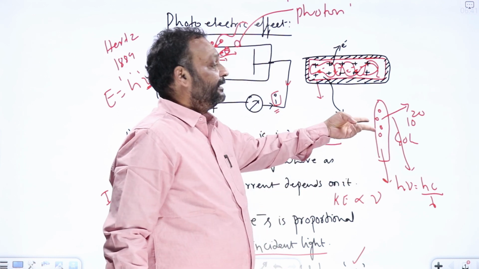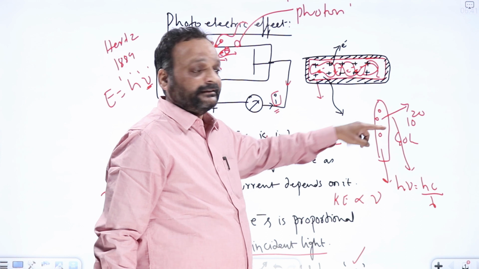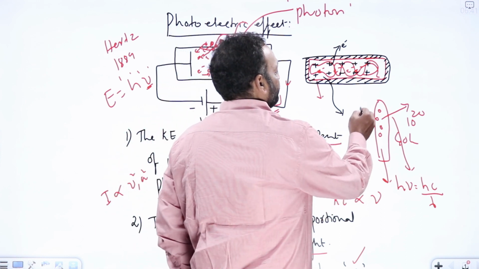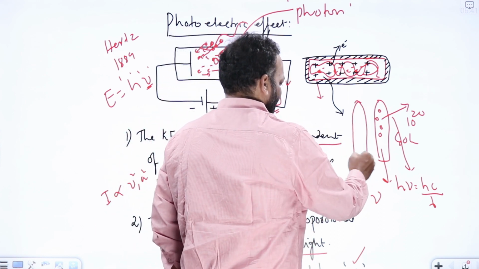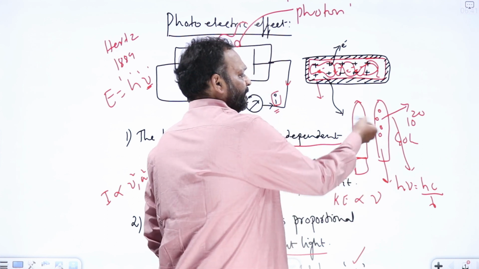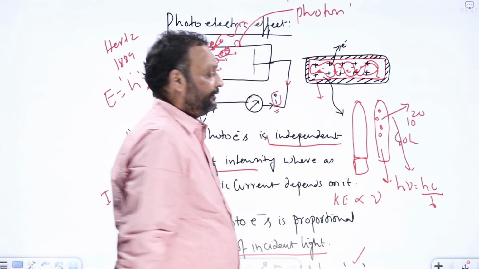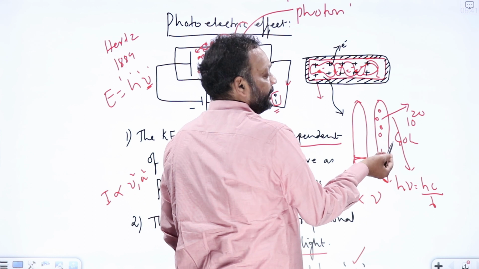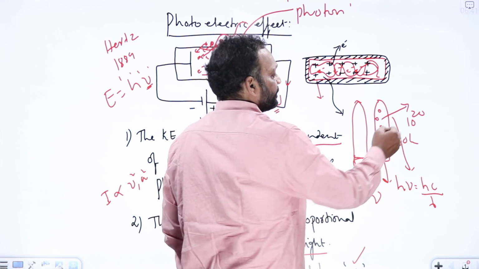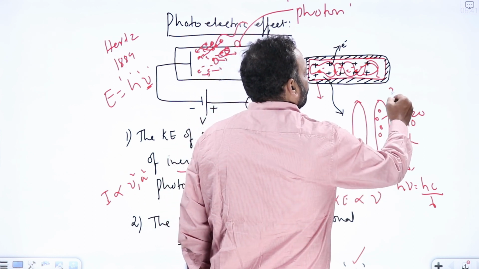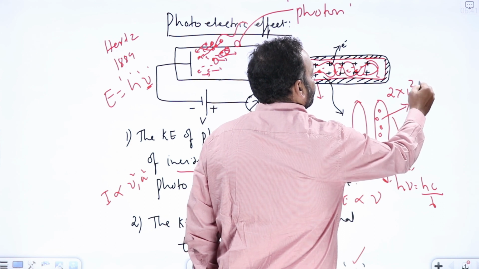What is the meaning of doubling or tripling the intensity? If you want to double the intensity, we switch on another 40 watt lamp. Then the number of photons coming out gets doubled. Instead of 10 to the power 20, now 2 into 10 to the power 20 photons will come.